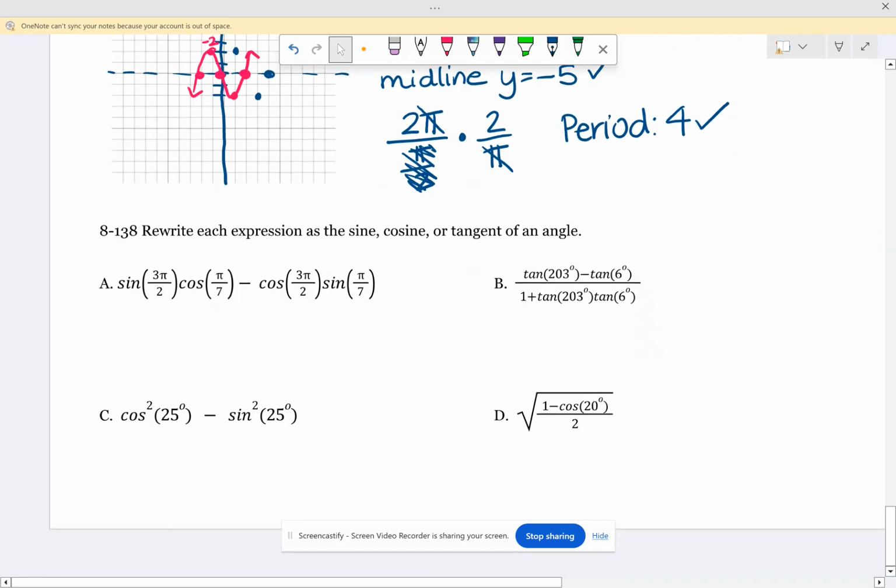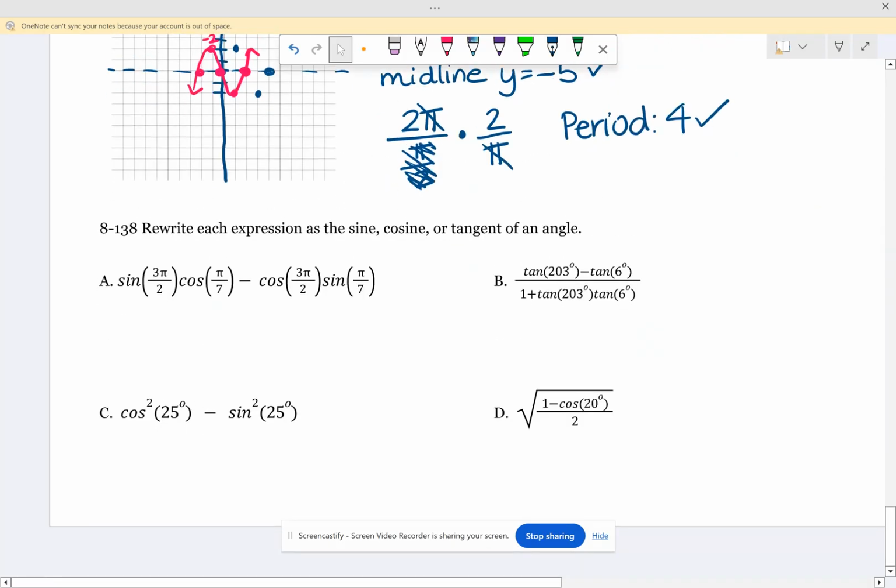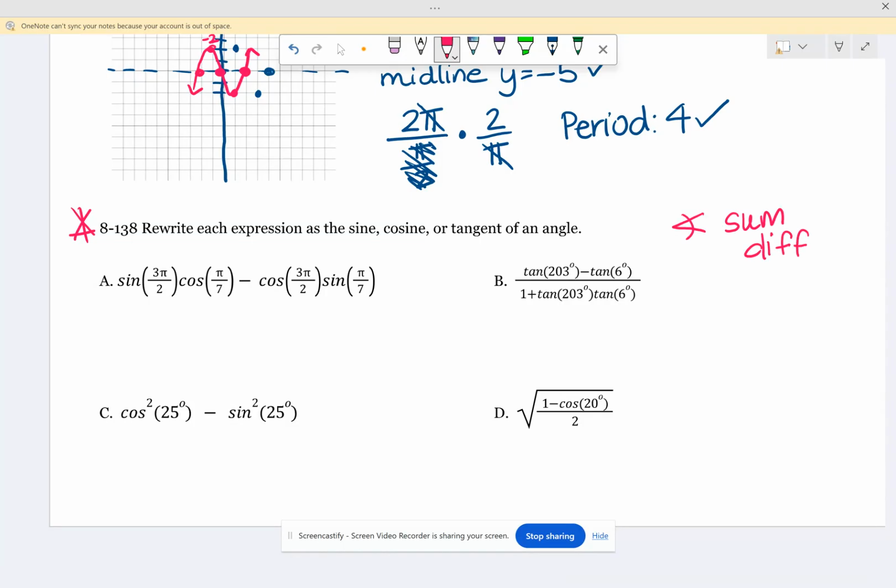All right, 4 more. All of these questions, you need to look at your trig identities. And the first 2, you're going to look at your angle sum and difference identities. And the last 2, you're going to look at your double and half angle identities.